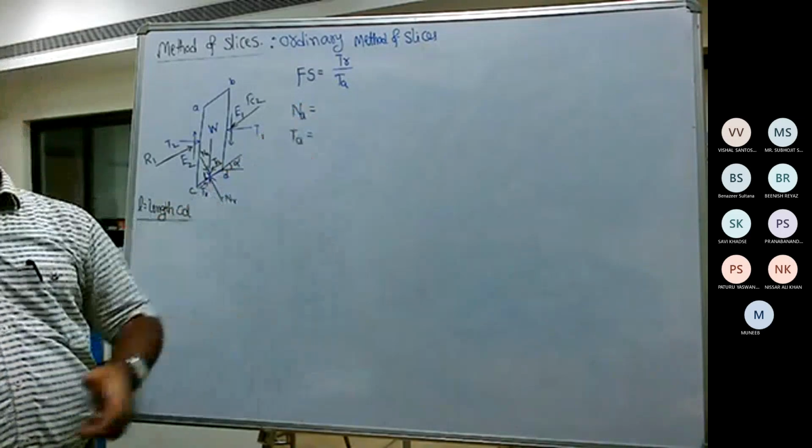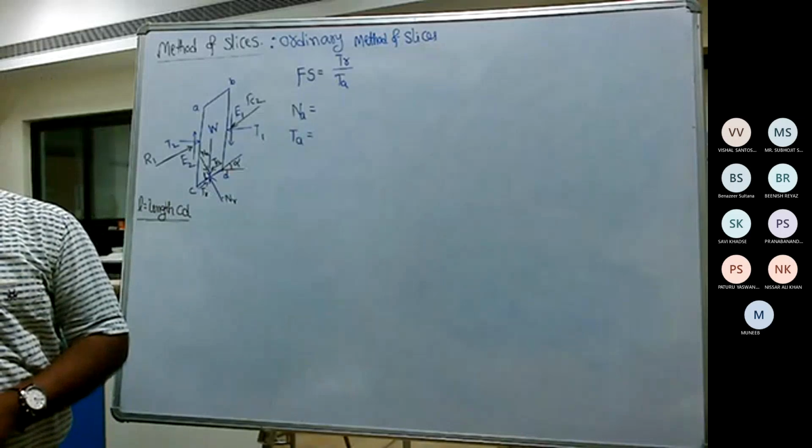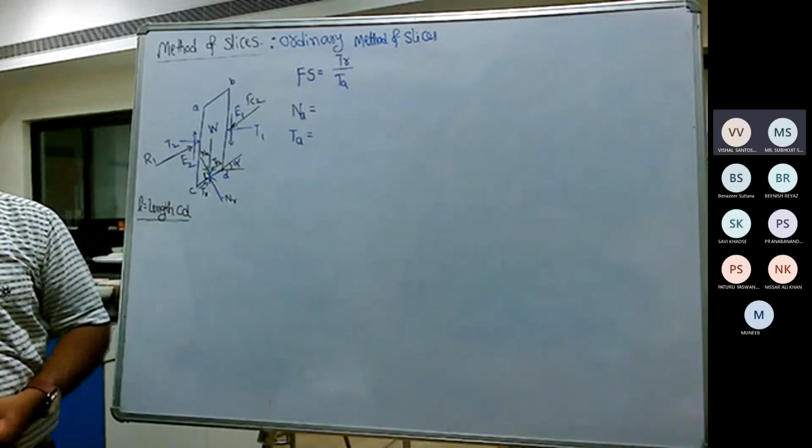What is NA and TA? W cos alpha and W sin alpha.